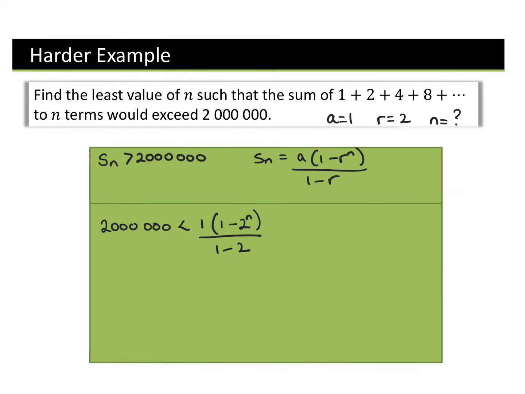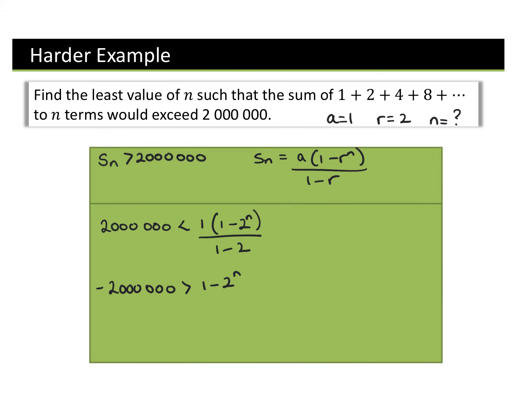So now what I'm going to do is rearrange. 1 minus 2 is minus 1. Now if I multiply this by negative 1, what's going to happen? I'm going to flip the sign, okay? So I'm going to have negative 2 million is greater than 1 minus 2 to the power of n.